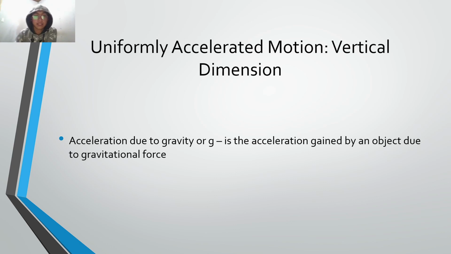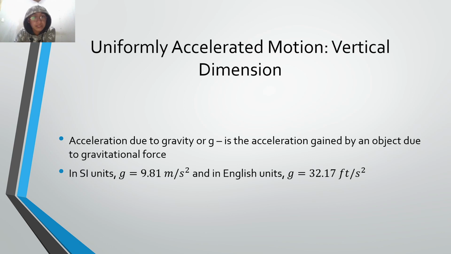It is constant, always. The value of acceleration, letter g, in SI units or standard units, is 9.81 meters per second squared. And in English units, it is 32.17 feet per second squared.